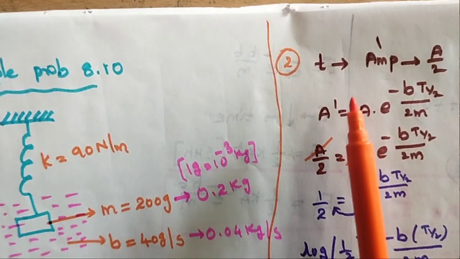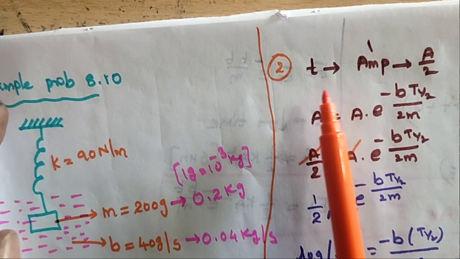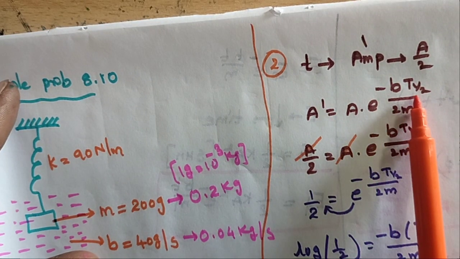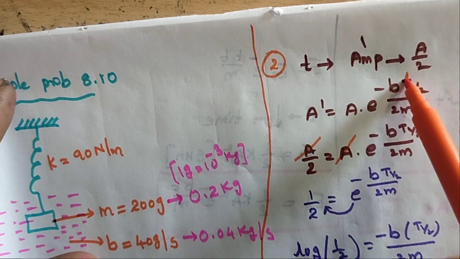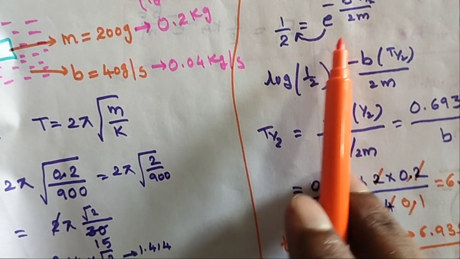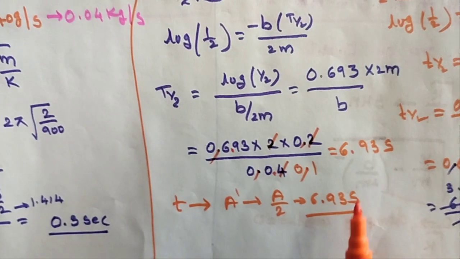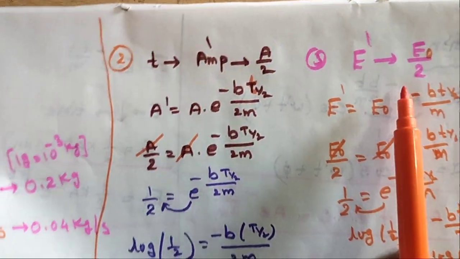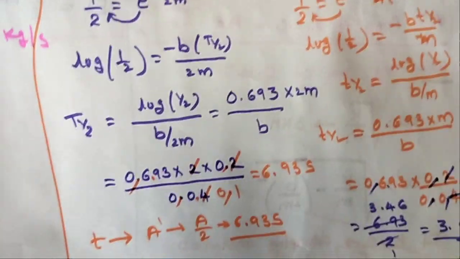The second one, for the amplitude, you can find the time; you can take small t or capital T, don't worry, small t is also correct. The e power goes to log. Finally, the amplitude time is 6.93 seconds. The same thing for mechanical energy being half of the value gives 3.46.